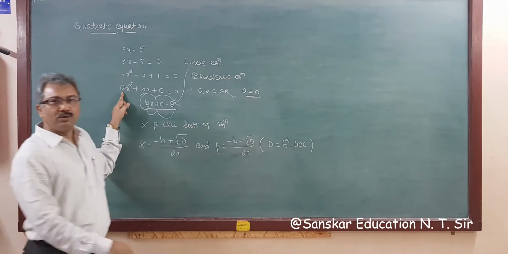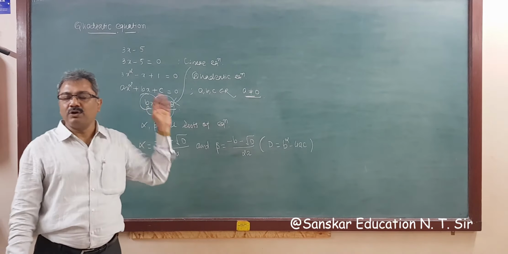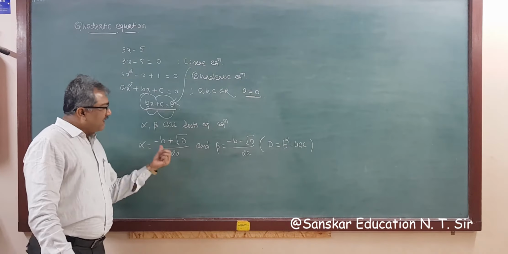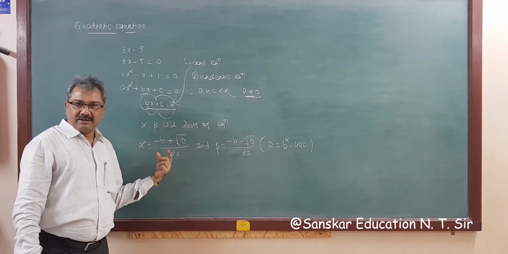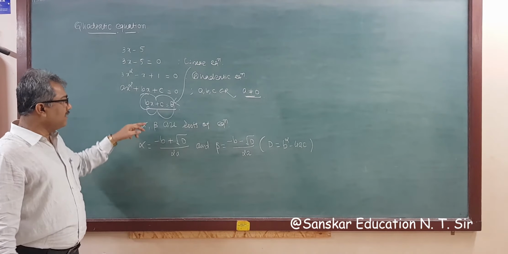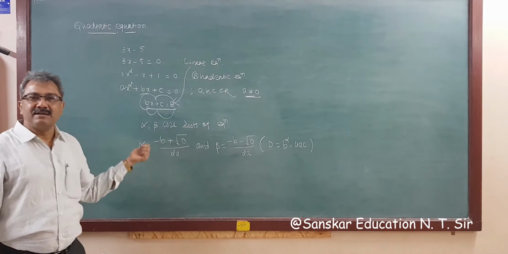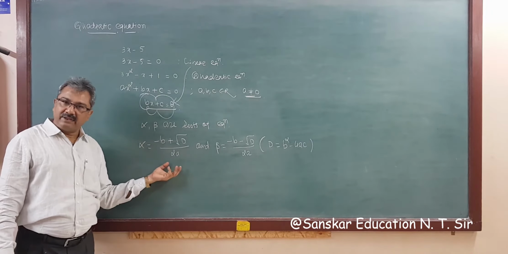Then these are the roots alpha and beta. So this is called a direct method, or this is called Sridharacharya's formula that you know.